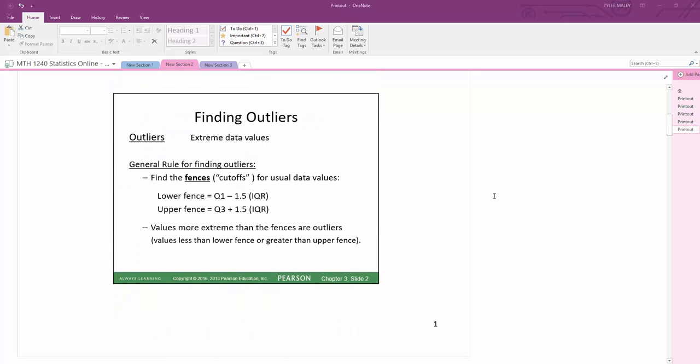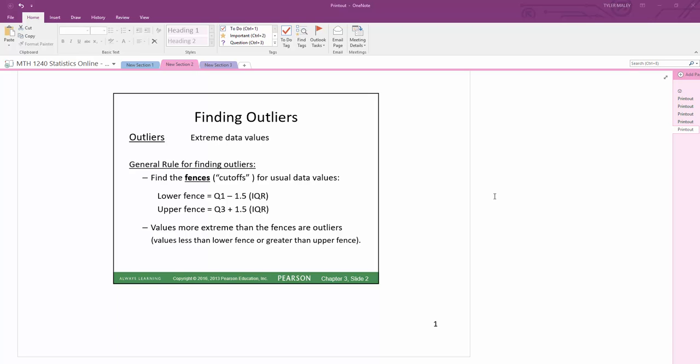So the next slide looks at finding outliers. Remember that outliers are essentially just extreme data values. And I just want to point out that there's not just one set way to find outliers. This is just one possible way. Different statisticians, or maybe even statisticians with different data sets, will use a different definition for finding outliers.